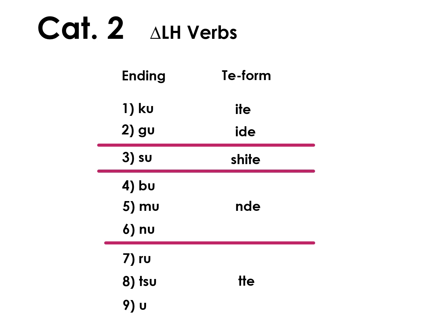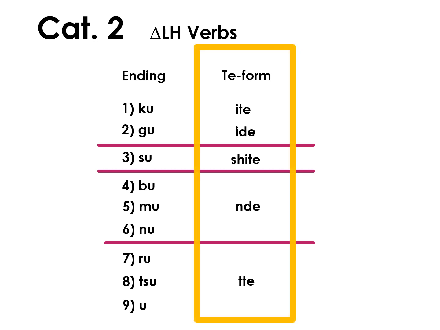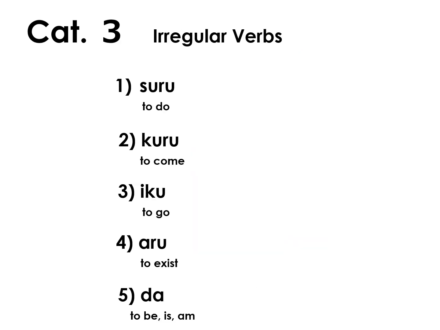For conjugating category 2 verbs, it's the verb ending you need to pay attention to and what it turns into. As for the 5 commonly used irregular verbs, here are their te forms. Suru becomes shite, kuru becomes kite, iku becomes itte, aru becomes atte, and the te form for da is de.